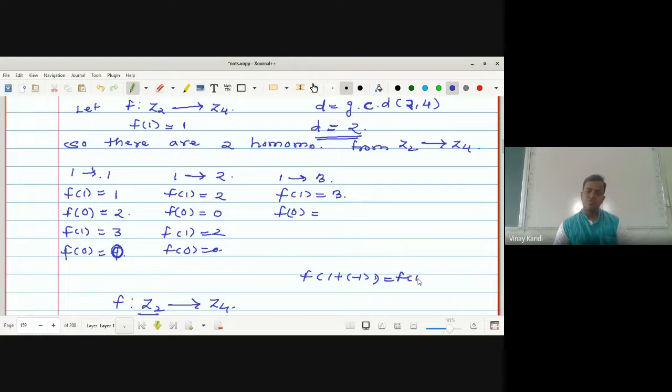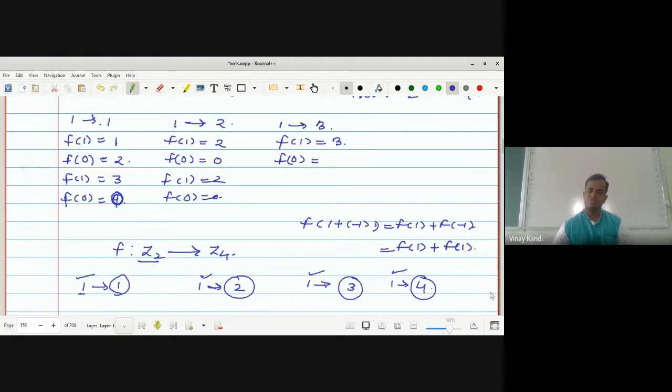If f is a homomorphism, this is f of 1 plus f of 1. So what is the value? 3 plus 3, which is equal to 6. But in the codomain, what operation do we have? Addition modulo 4, which gives 2. So f of 0 is 2.